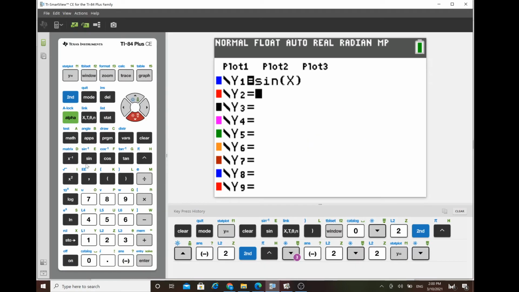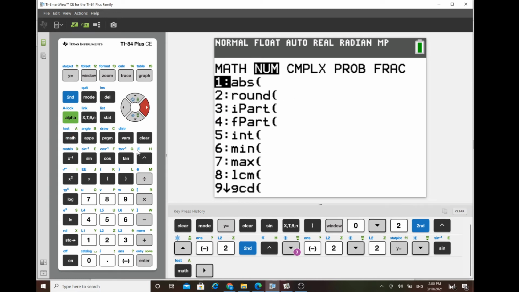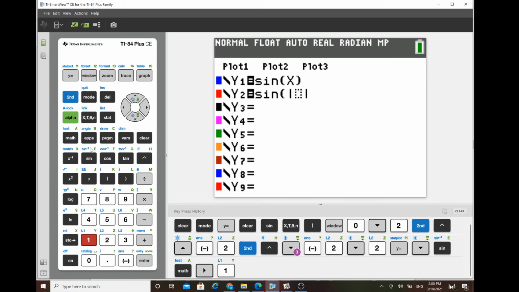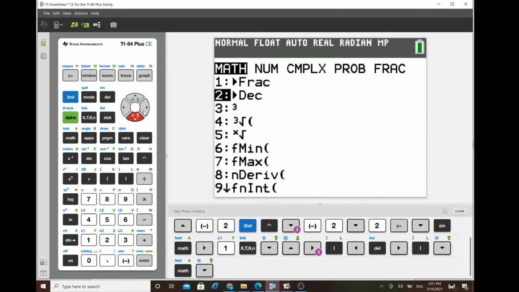So sine, absolute value, so math, number, ABS, x. And then for y3, I need to finish that with the closed parentheses, otherwise it might be considered a syntax error. Okay, so that's not the way I want. I want to put a parentheses right after the absolute value. Okay, close parentheses. And then for the other one, it's just absolute value of sine of x. So math, number, ABS.